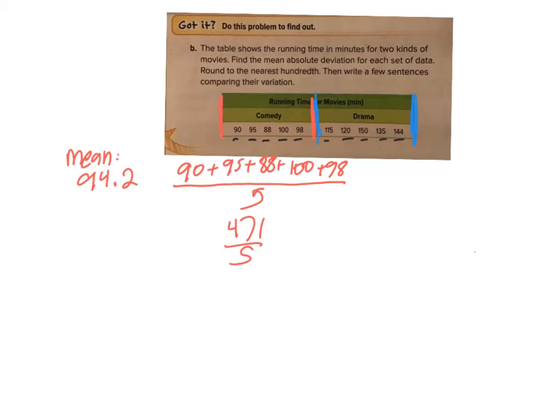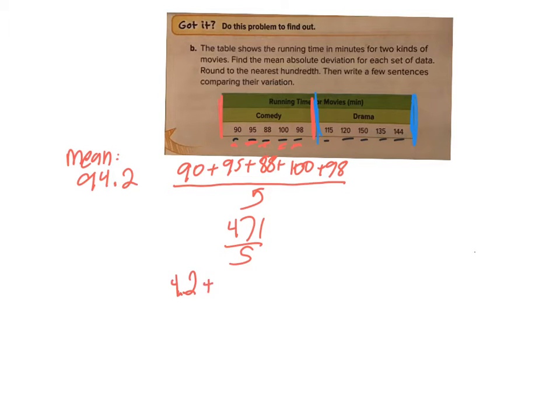Now, you need to know how far each one in the data set is from the mean, and then divide that by 5. So let's do that. We will take 94.2 minus 90, and that gives me 4.2.